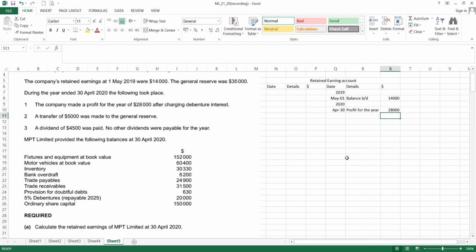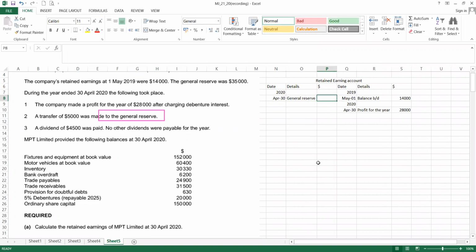Okay, the next one. During the year, a transfer of 5,000 was made to the general reserve. The keyword here is "to" the general reserve. In this case, retained earnings has to be debited, to the general reserve, 5,000.